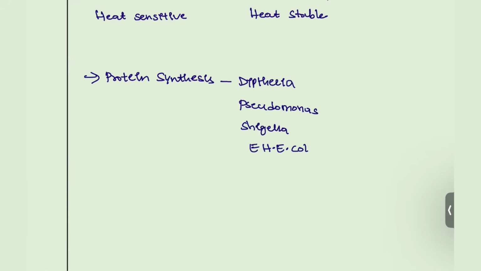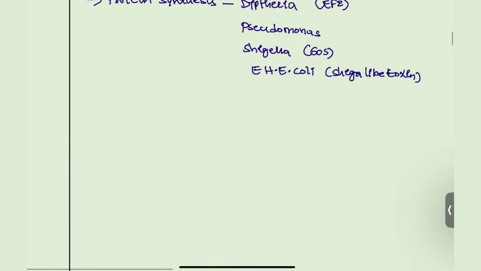All of these act on protein synthesis. For diphtheria, it is elongation factor 2. For Pseudomonas and Shigella, it is the 60S ribosome. And this one, Shiga-like toxin.